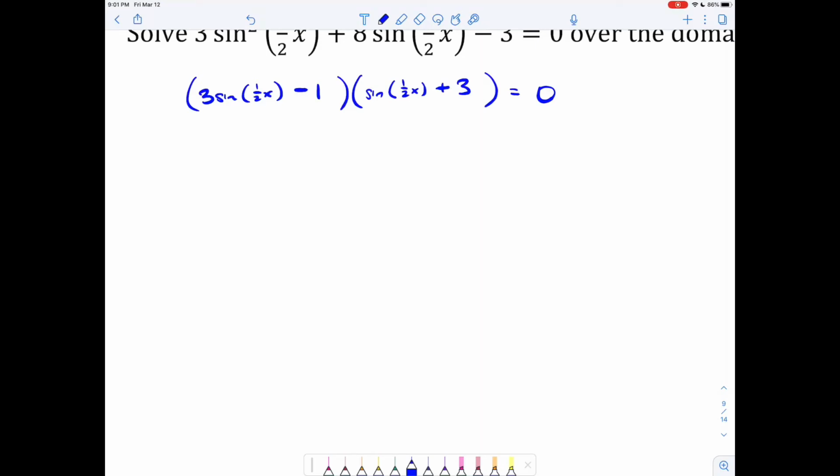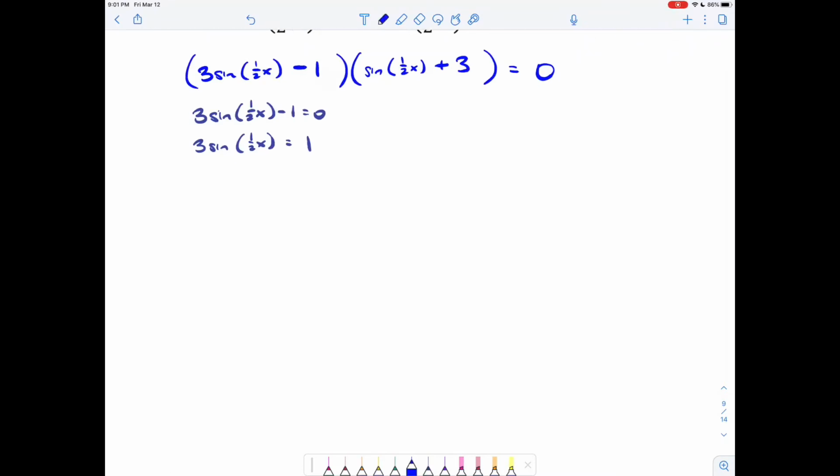If you want to write down the sub-step here and say that 3 sine of half x minus 1 equals 0, you are welcome to do that. You can even then say that 3 sine of half x is equal to 1. You don't absolutely have to put those.